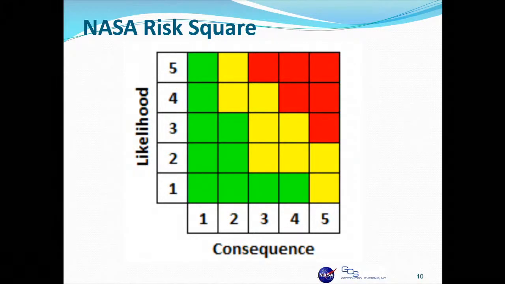The way that we're showing it here is with the consequence, which comes from analyzing what happens if the risk is manifest, on the bottom, and then on the side is the likelihood, and the composite score, the product of those, is the overall risk score, and the red is bad and the green is good.